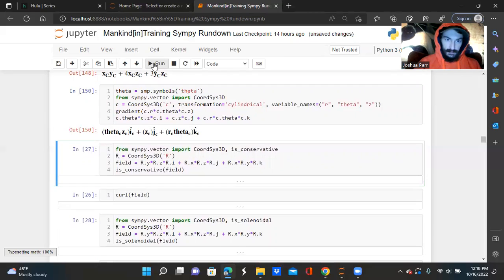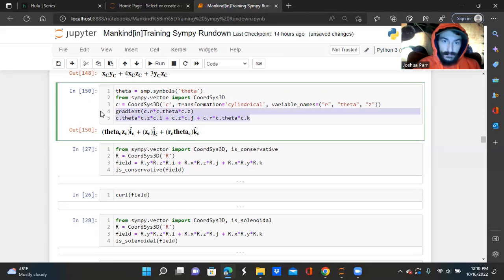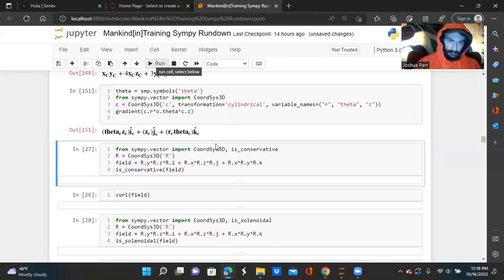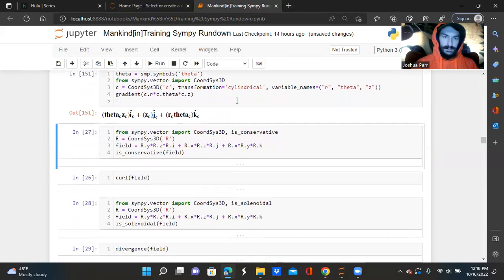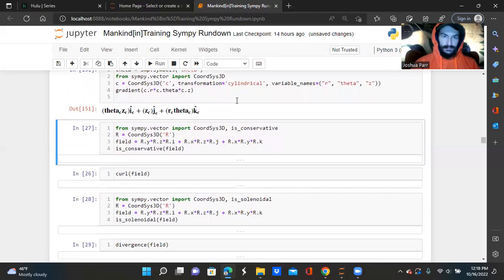And now, yeah, I wonder why that's doing that. It should be showing the symbol theta. I'm not entirely sure why it's not.